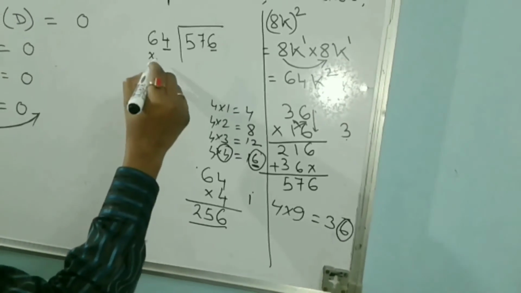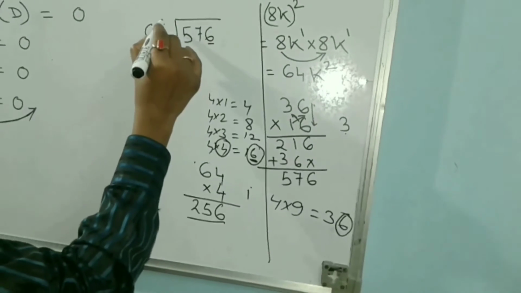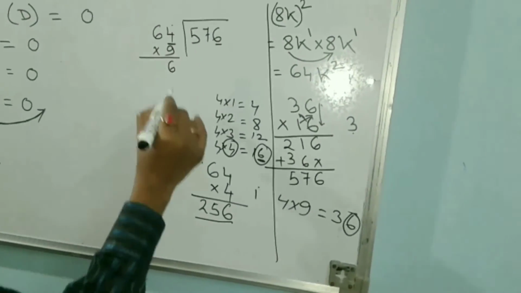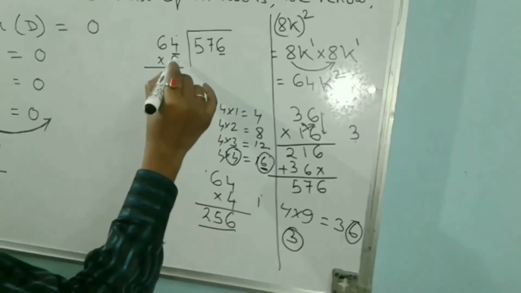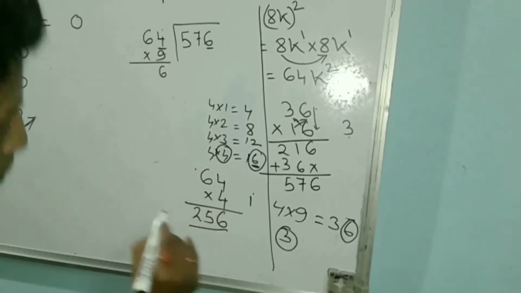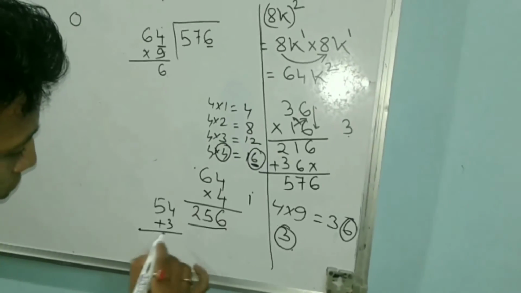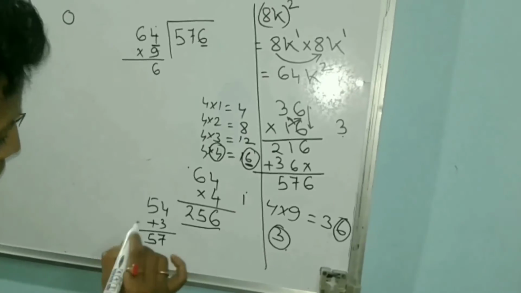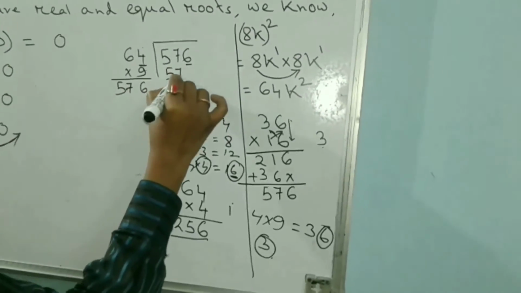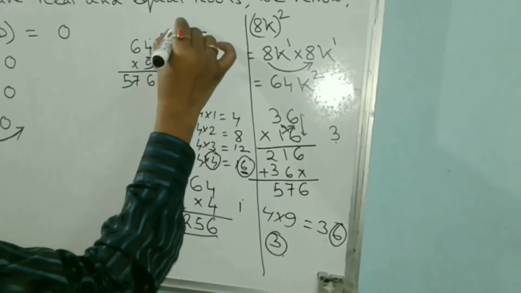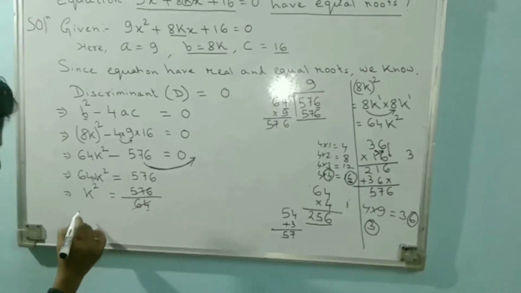That means we multiply this number by 9. 4 nines are 36, 6 carrying 3, 6 nines are 54, 54 plus 3 is 57. So we get 576. How many times did we multiply? 9 times.